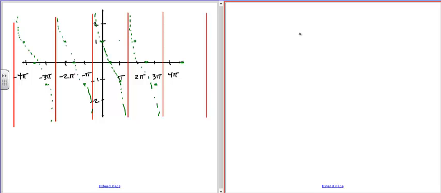Okay, 2 more. So this is y equals the tangent of -4x. This affects the period, and this is a y-axis reflection.